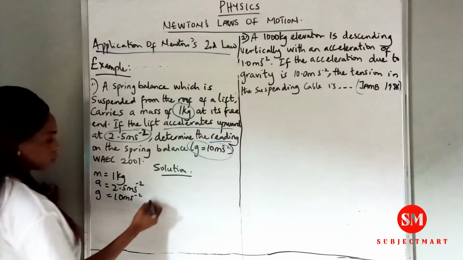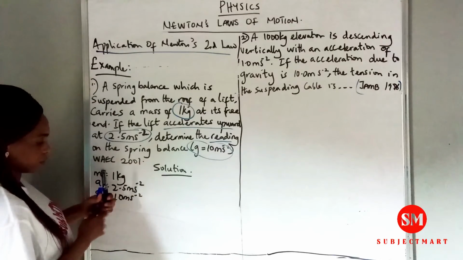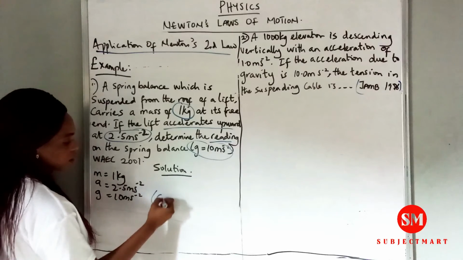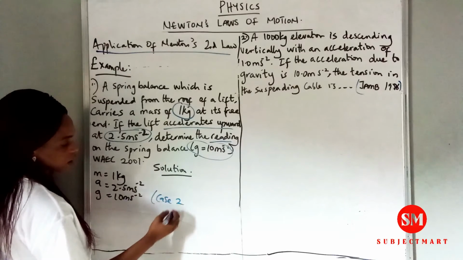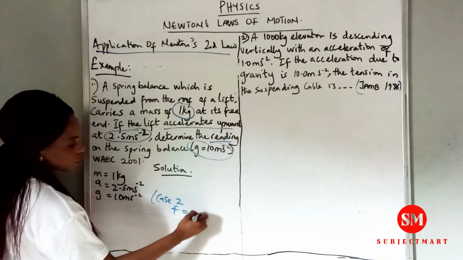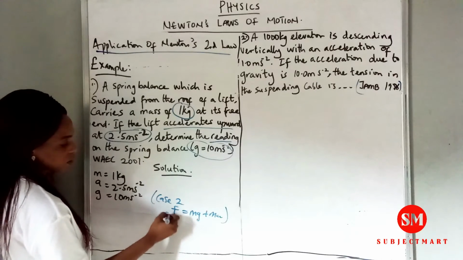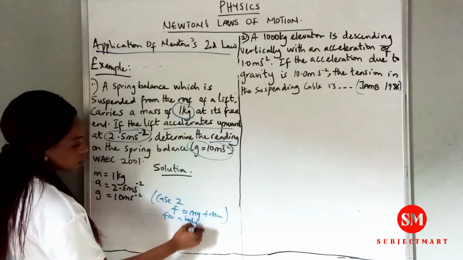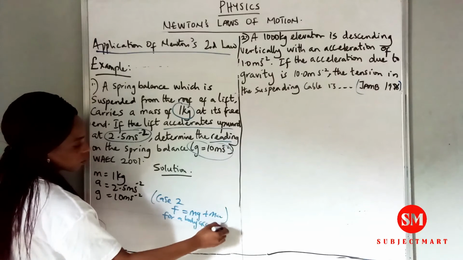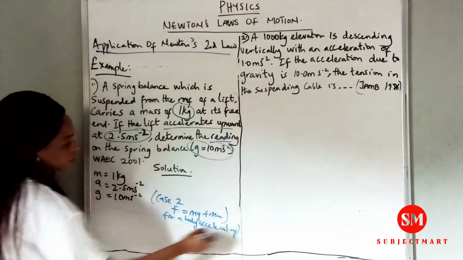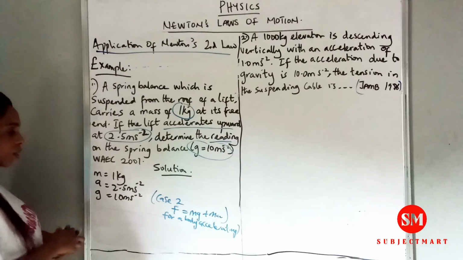Case 2 states that F is equal to mg plus ma for a body accelerating upward.